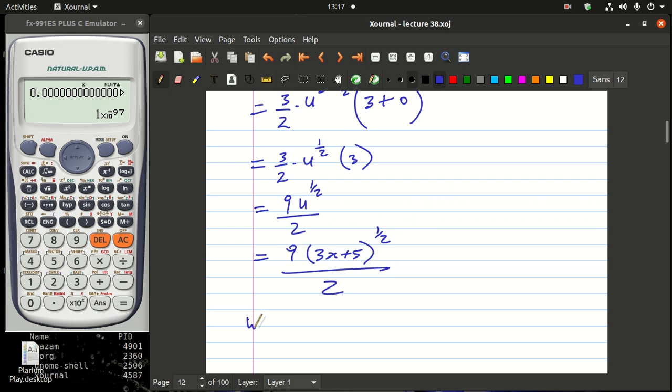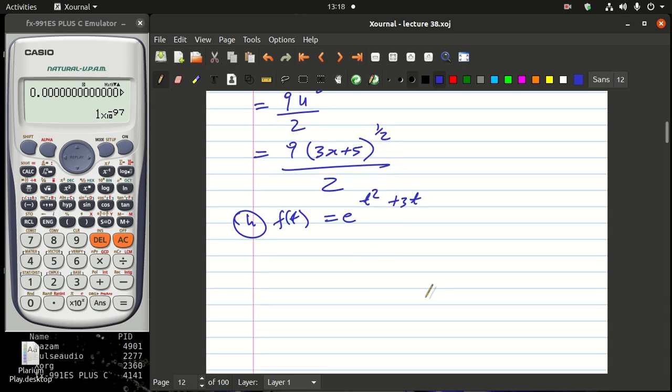Let's go to h. Our h is actually saying that we have f of t is equal to e raised to t squared plus 3t. And of course, if my function h of t was actually e raised to t, I know how to find the derivative of that because h prime of t would be just the same thing, right?